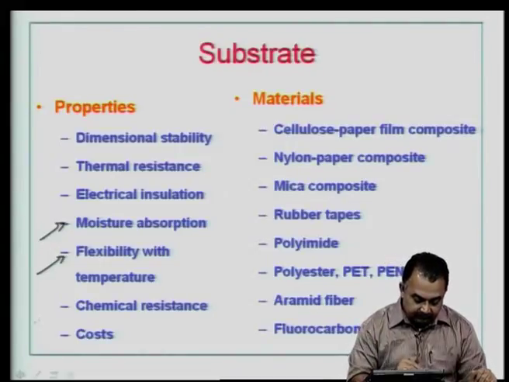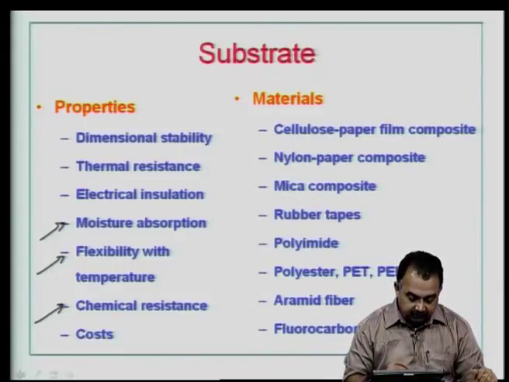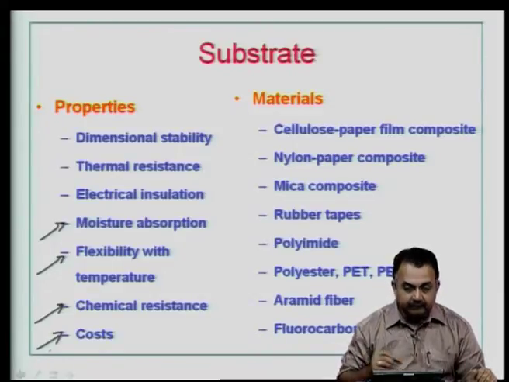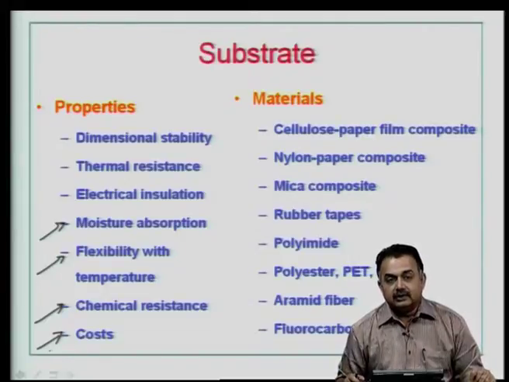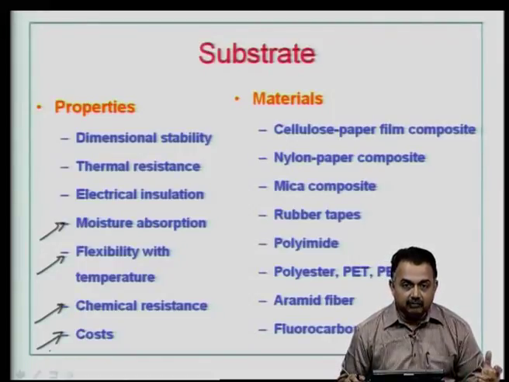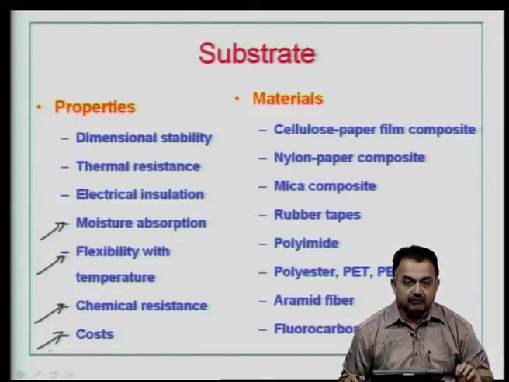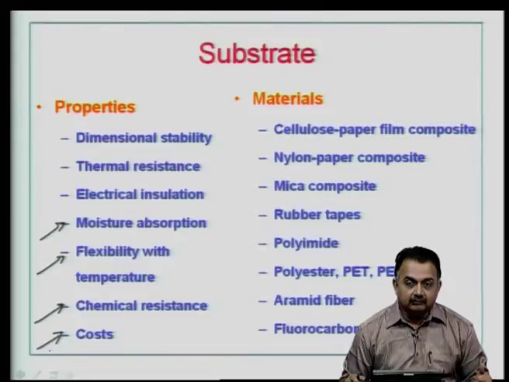Chemical resistance, again, issues that we have seen in rigid PCBs, and cost obviously is an issue, because certain products require thinner structures which cannot be met by the rigid format. So, the obvious choice is to go for a flex PCB. So, the method of manufacturing has to be cost effective if you are producing in thousands.